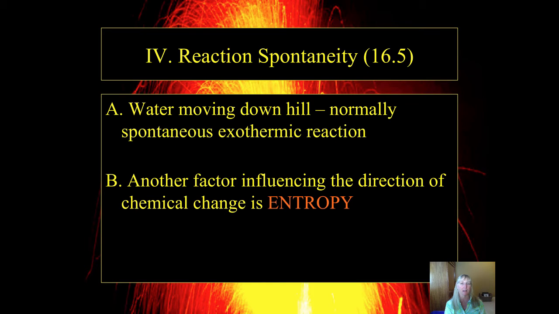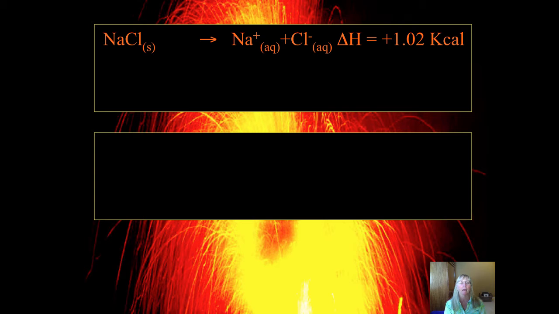Entropy is different than heat content, which we've been studying, enthalpy, and it can influence the direction of a chemical change. Now here's a simple reaction showing, it's not even really a reaction, it's an ionization or dissociation. Salt can dissolve in water. It's an endothermic reaction, and the problem with endothermic reactions is usually the universe doesn't favor them to happen.